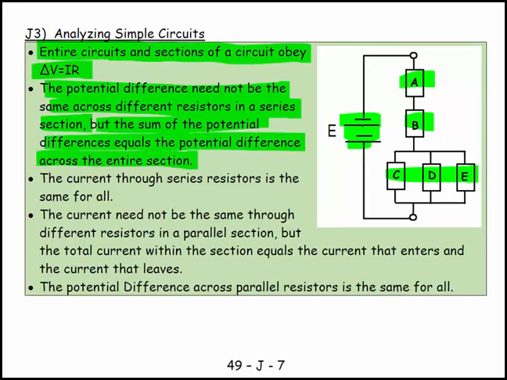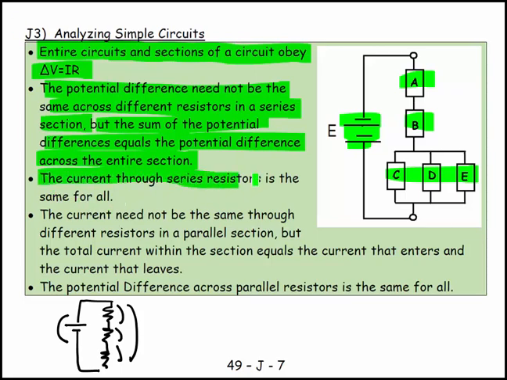So what that's saying is, if I have 3 in series, these need not be the same, but their summation equals the EMF that's been applied, for example. Then we can say the current through series resistors is the same for all, and that's true. Whatever current goes through the first resistor goes through the second, goes through the third.